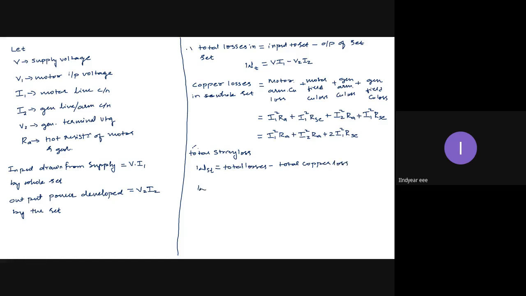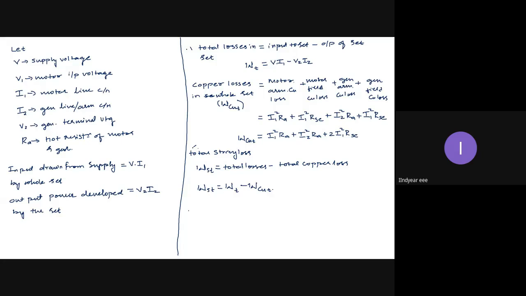So WST is equal to total losses, V into I1 minus V2 into I2, that is WT, minus the total copper loss, let me take this as WCU total. WT minus WCU total: total losses minus total copper losses.